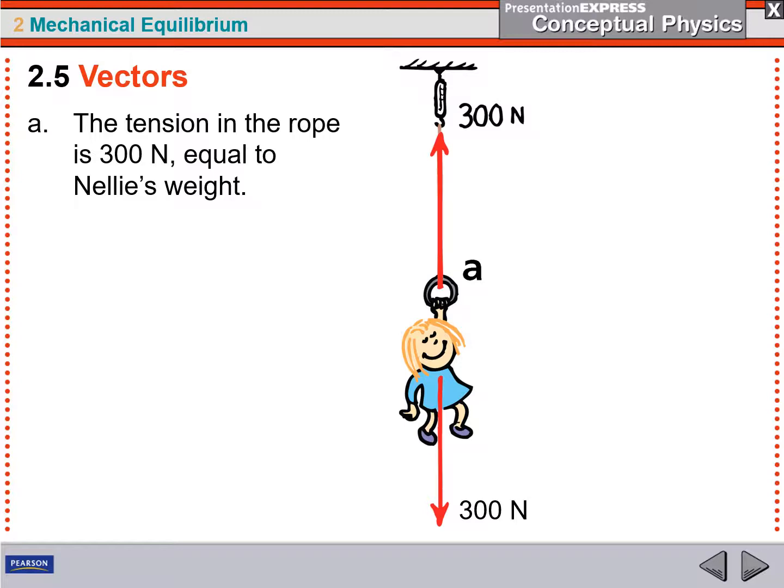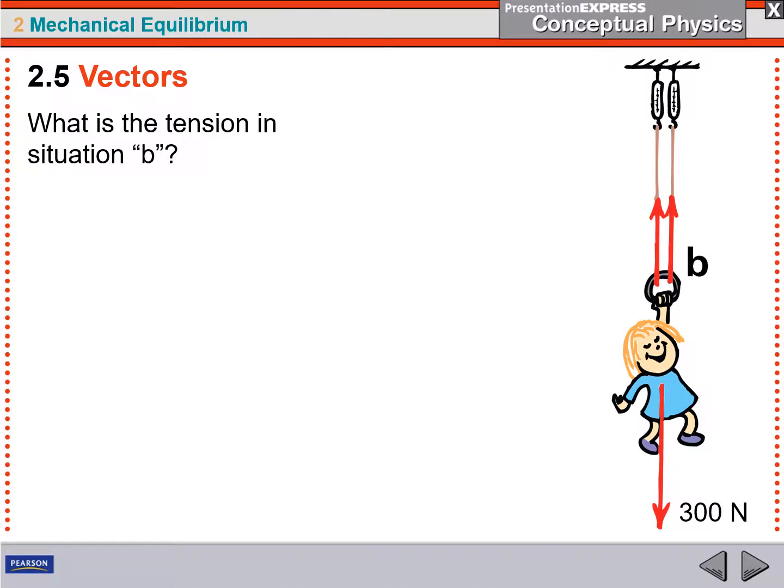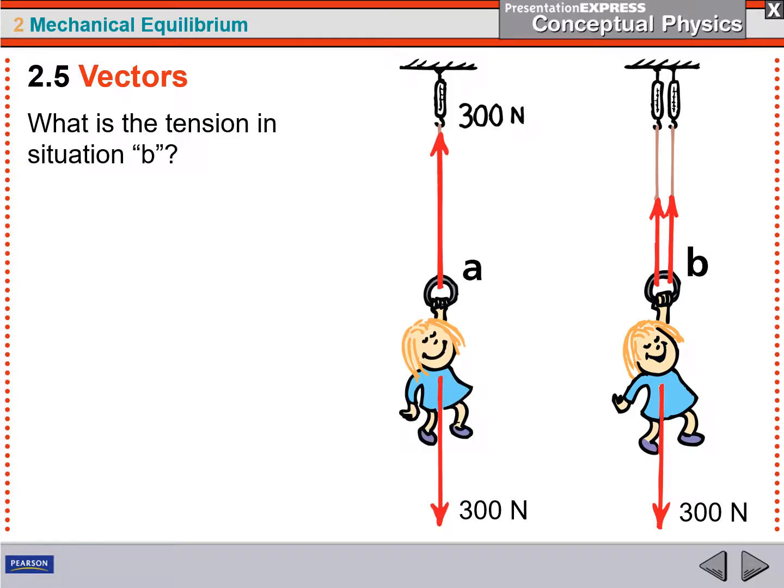Now, instead of a single rope, what if little Nellie had two ropes holding her up? What is the tension on these ropes in this situation? Well, she's still stationary, so there must be a 300 newton force acting upward, just like in situation A that we just saw.